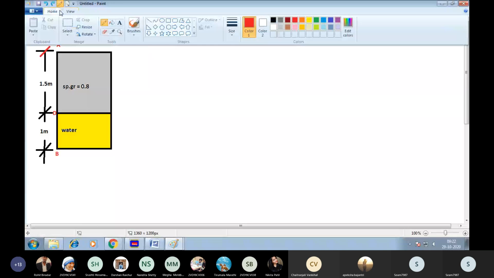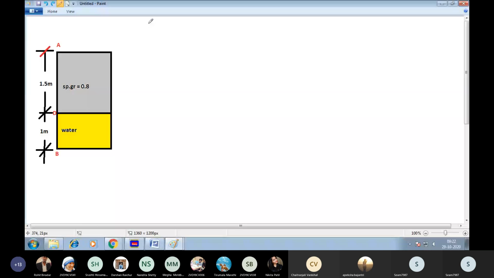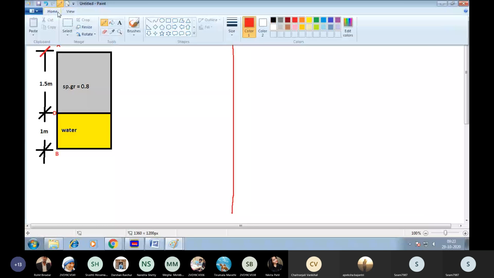Pressure at A is equal to how much? 0, ma'am. Pressure at A is equal to 0. Why is it equal to 0?